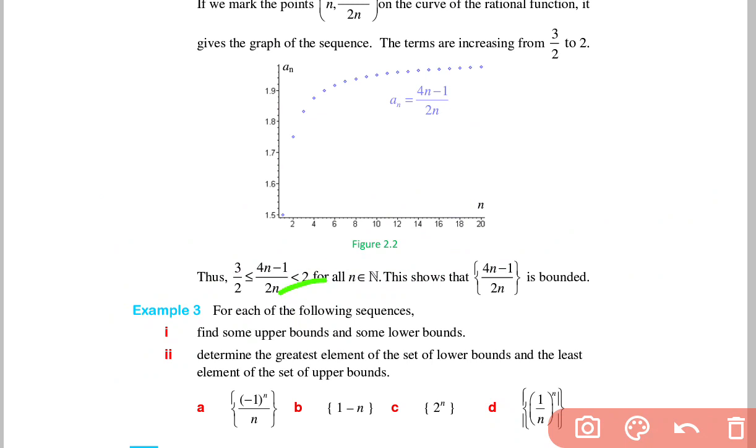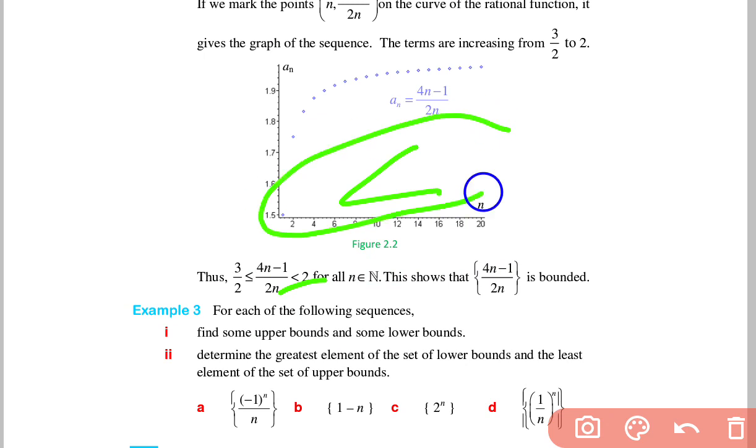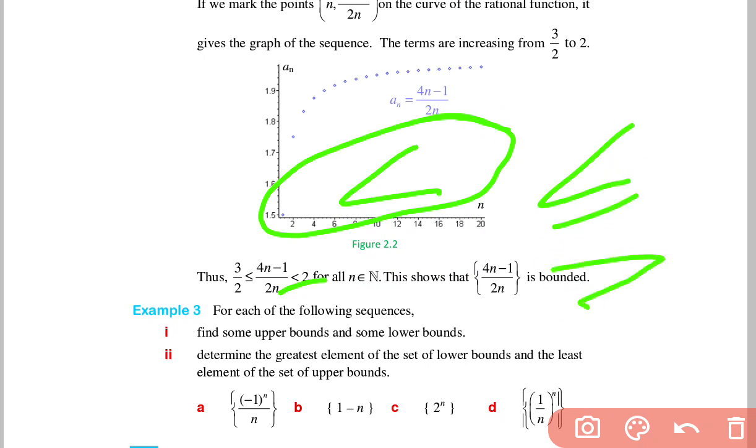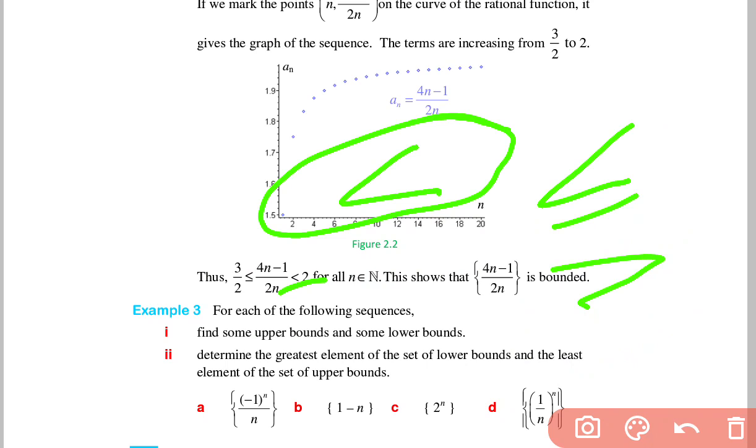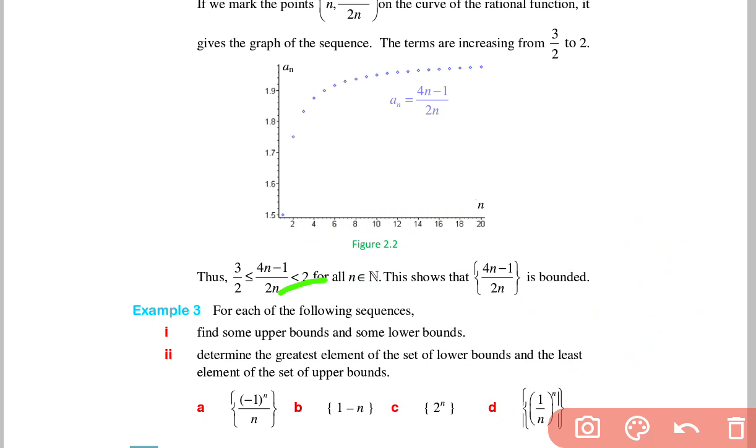This 2 is excluded. When the sign is strict, the exact number is excluded. When it is greater than or equal to or less than or equal to, the number is included. Because of this it is included.